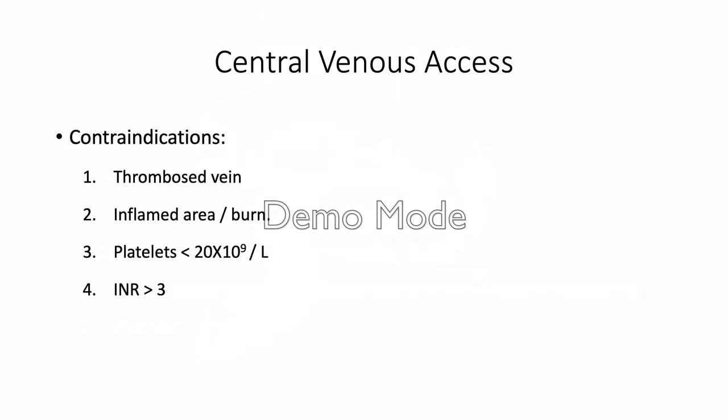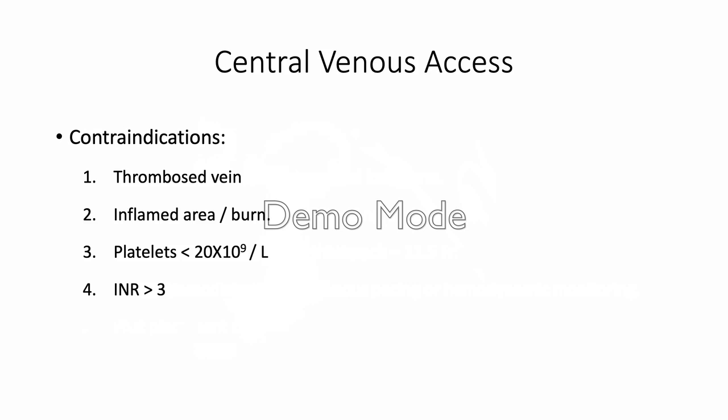Sorry. We'll mention quickly the contraindications, which include a thrombosed vein. When you assess your vein with the ultrasound and you find a thrombus, then it's better to look for another site of insertion.